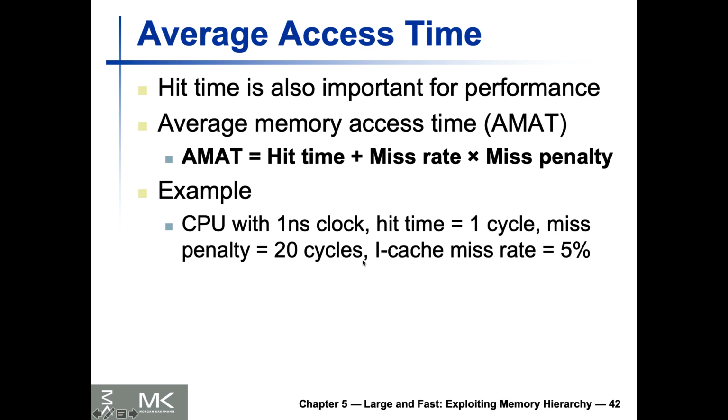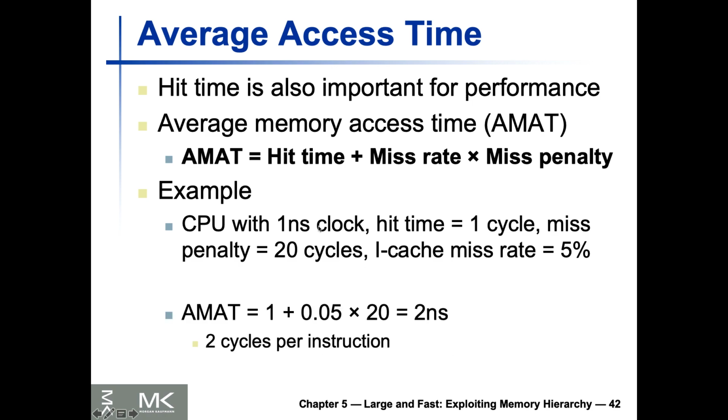So, for instance, if you have a CPU with a 1 nanosecond clock, and you have a hit time of 1 cycle and a miss penalty of 20 cycles. Normally the miss penalty is way higher than your hit time. If your instruction cache has a miss rate of 5%, the average memory access time would be simply the miss rate multiplied by the miss penalty you have to pay, plus your hit time, okay?